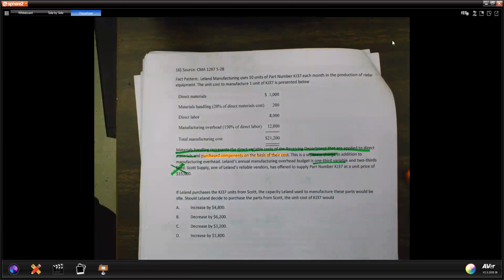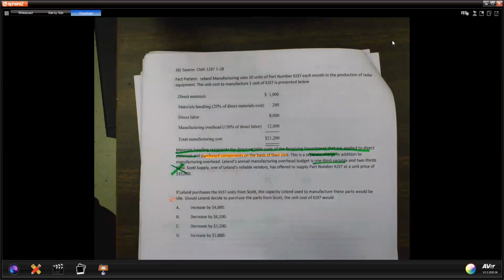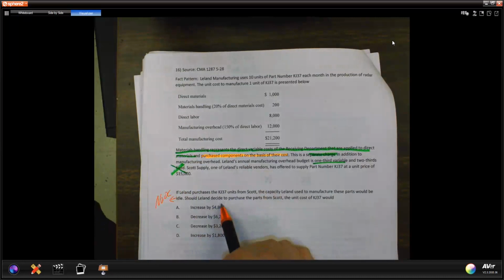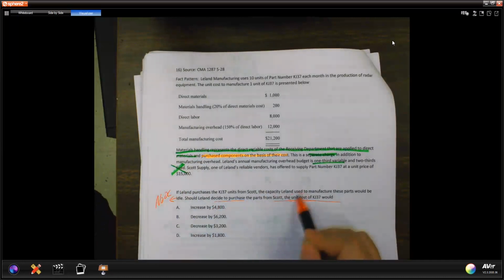Now they said you can buy from outside at 15,000. If you purchase from outside, then the capacity you are using will be idle. What does that mean? No opportunity cost. If you decide to purchase them, what will happen to your unit cost?